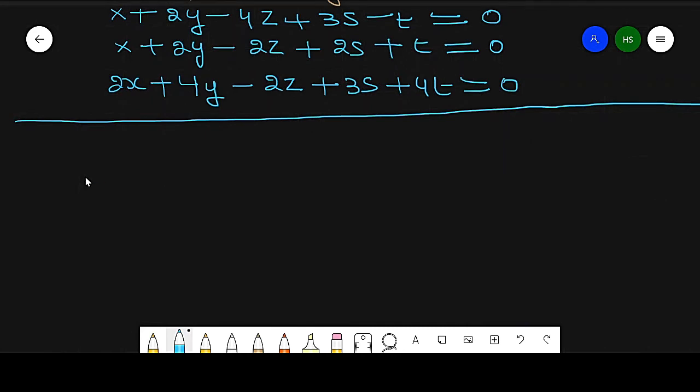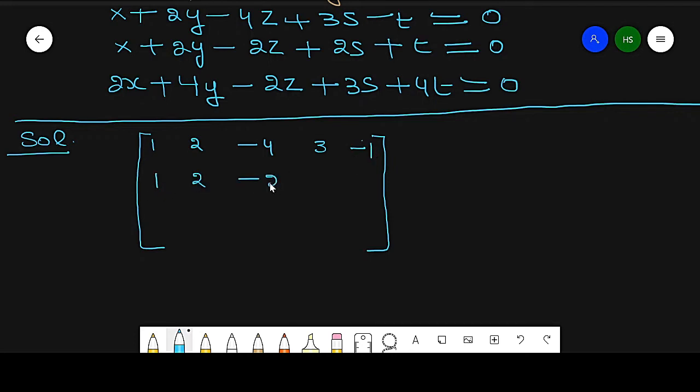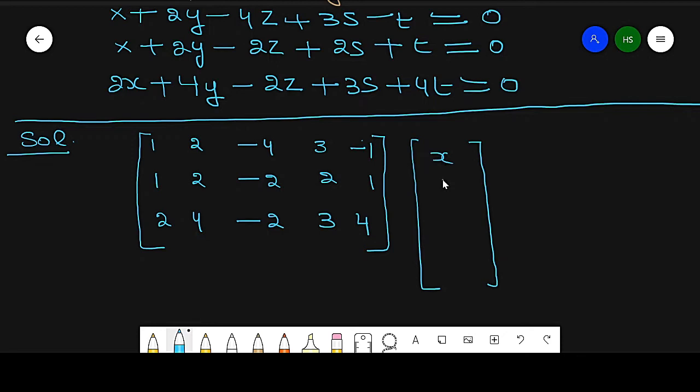This can be written as the matrix 1, 2, minus 4, 3, minus 1; 1, 2, minus 2, 2, 1; and 2, 4, minus 2, 3 and 4, times x, y, z, s, t, which equals 0, 0, 0.